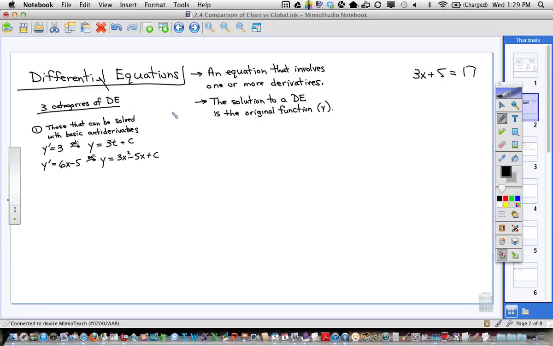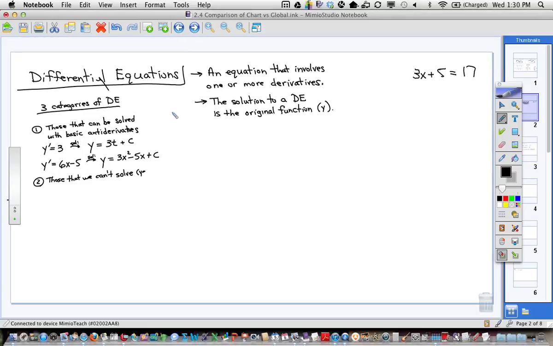But we could have some other ones, and so that's type 2 here. Type 2 differential equations are those that we can't solve (yet).